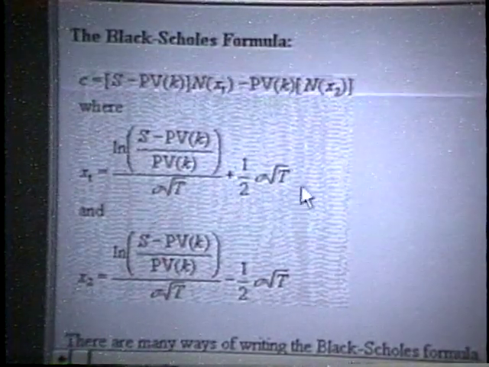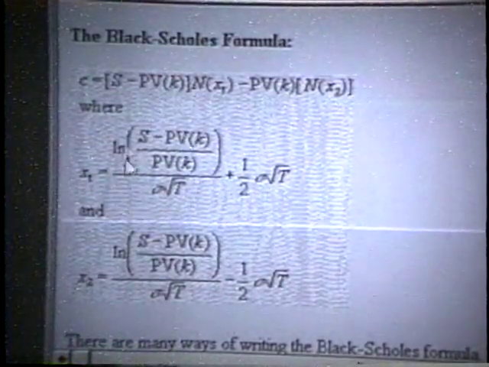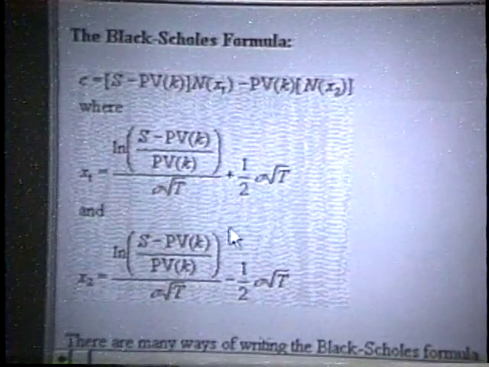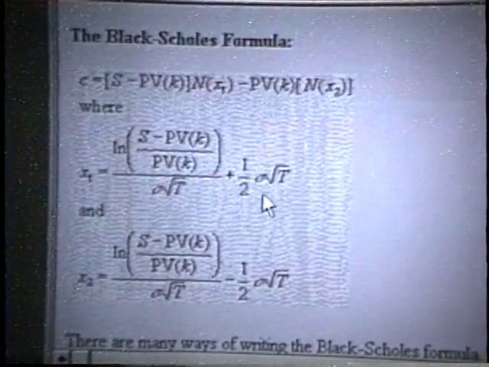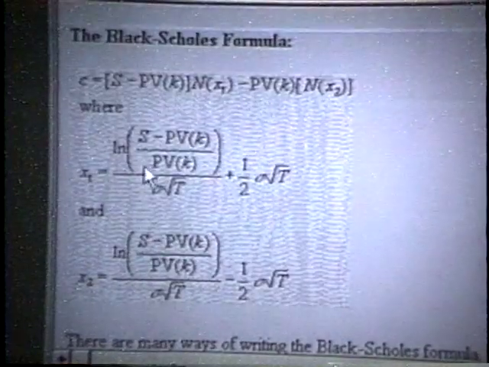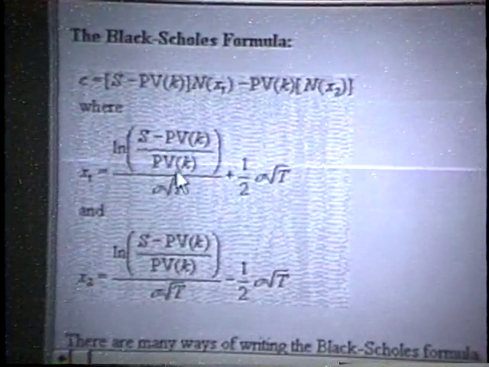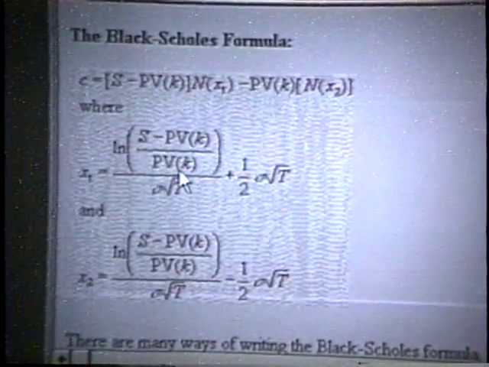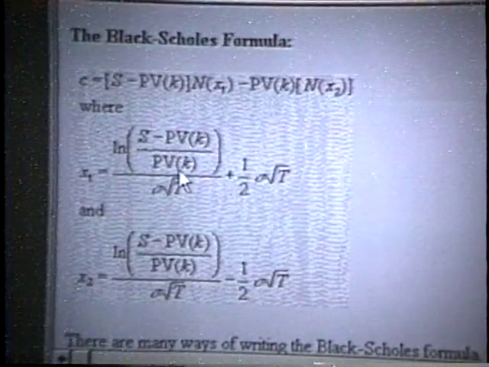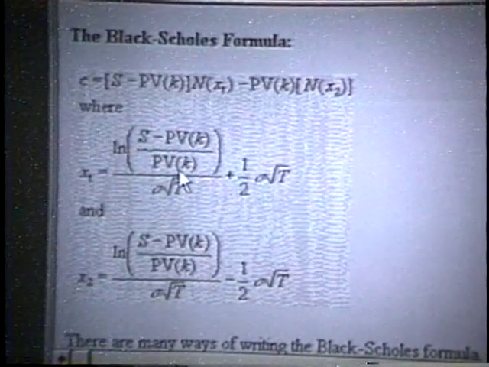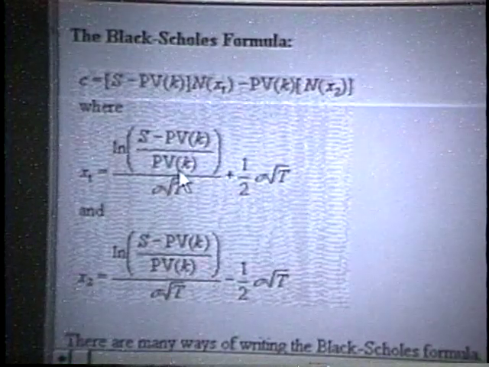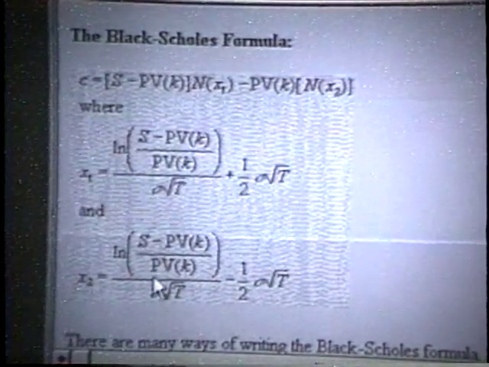Okay, and then we're going to add this piece to it. And let's assume that this really swamps the 1/2 sigma squared T. So let's say that when we do this with this price that's way in the money, x1 is 3 and x2 is 2.9.